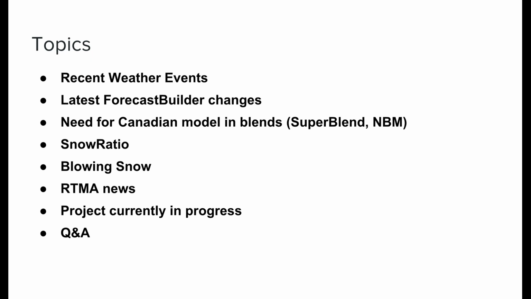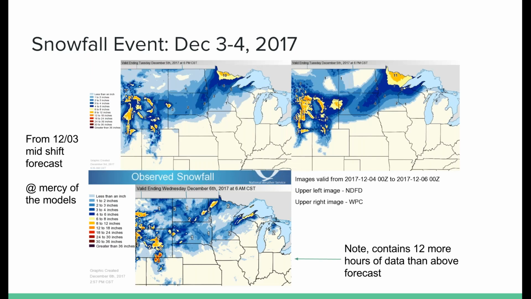Looking at some recent events here. Now, this one is from 2 months ago, back in early December. This is interesting. You have some pretty good agreement between WPC and NDFD for this forecast.